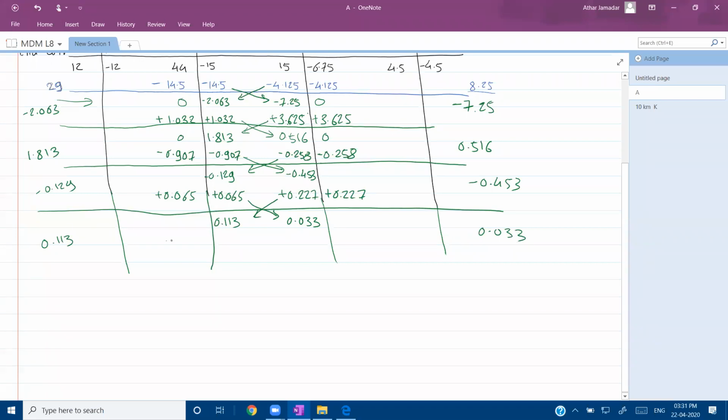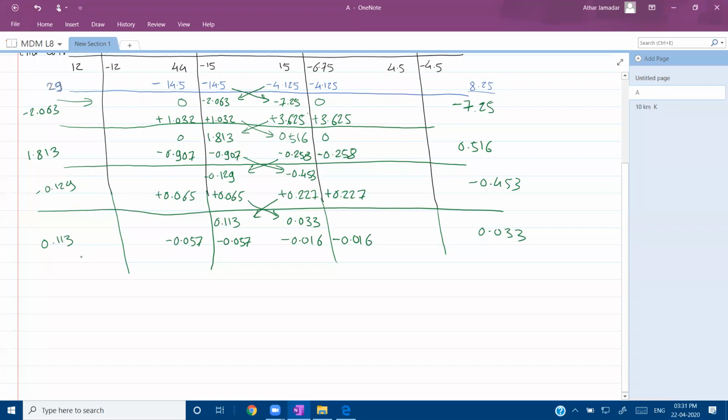So next corrections will be here negative, negative, here also negative and negative. So 0.113 into 0.5, it is going to be 0.057. Here also 0.057, here 0.033 into 0.5, 0.016, 0.016.